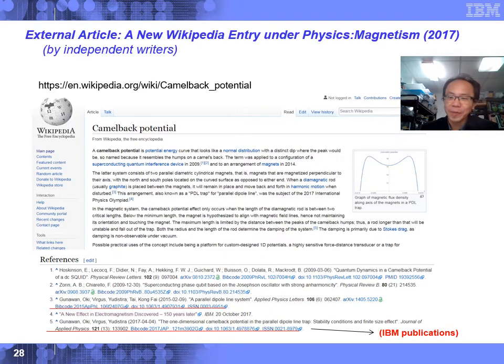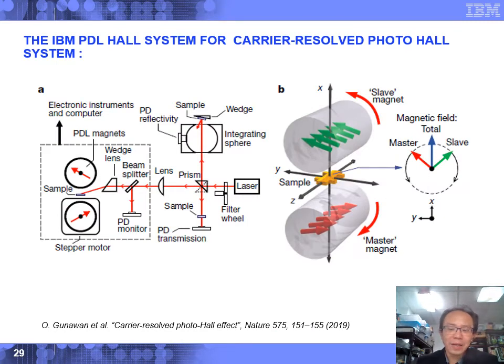So now getting back to the photo Hall experiment, the PDL system is also very important for the photo Hall application, because it allows us to generate an oscillating magnetic field.